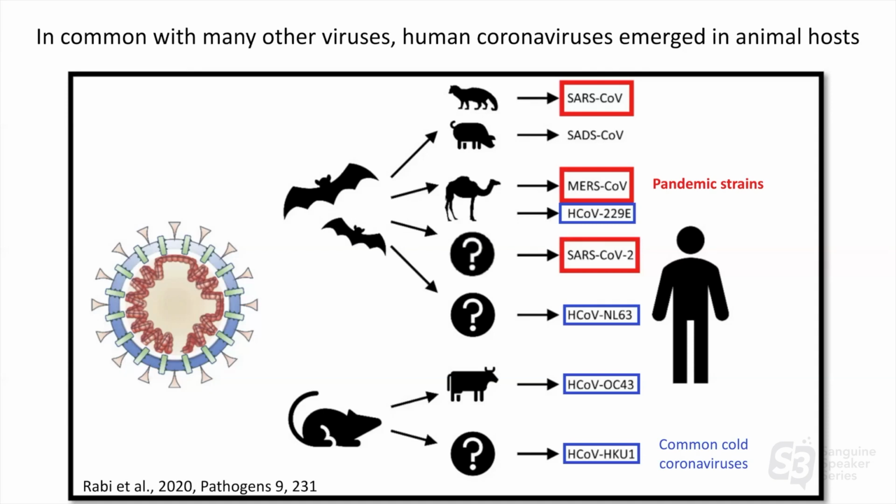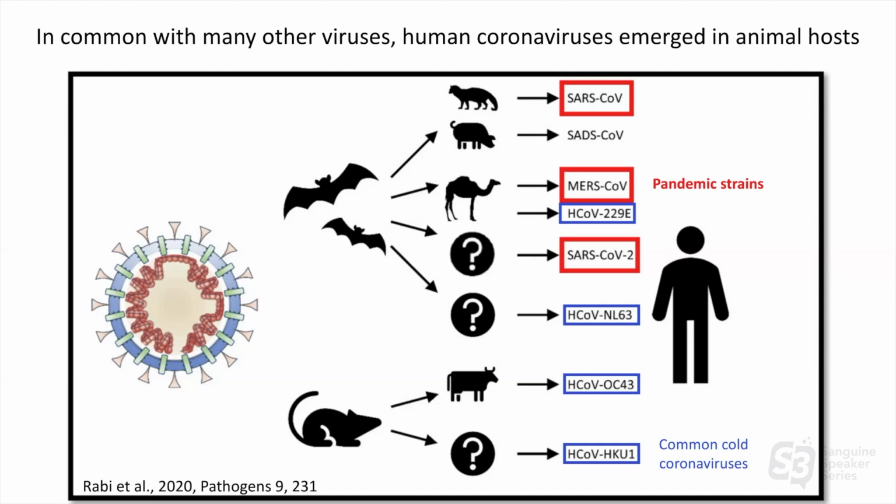And these are clearly circulating, but they don't cause a problem. All of us are probably constantly exposed to these. We don't mount very good memory responses against them, but if we get infected, we don't get very sick. So they cause very mild symptoms.